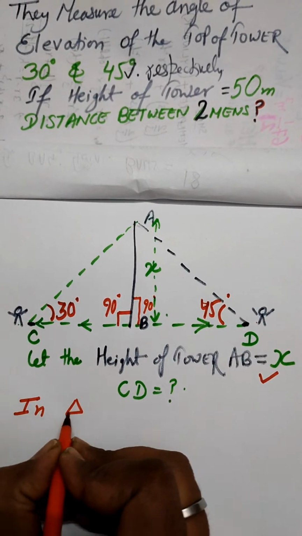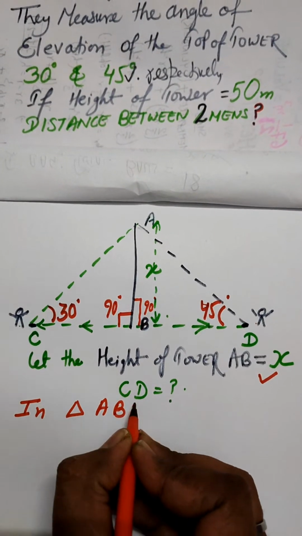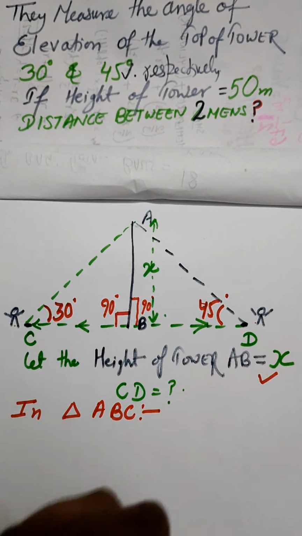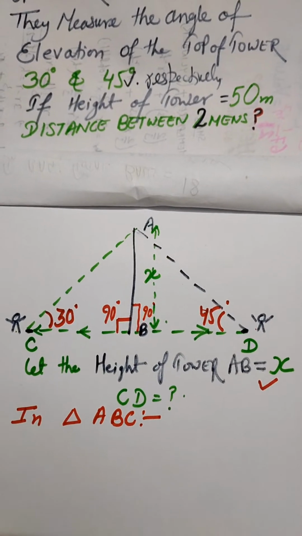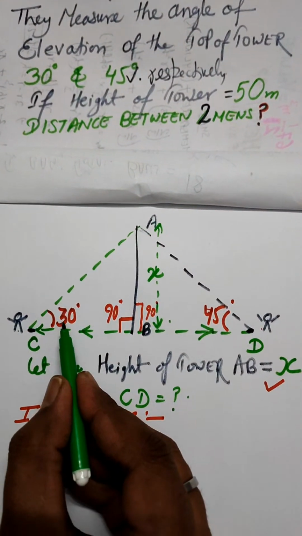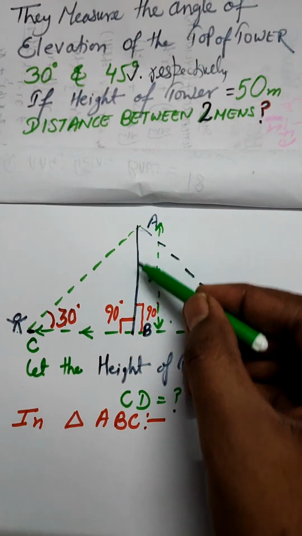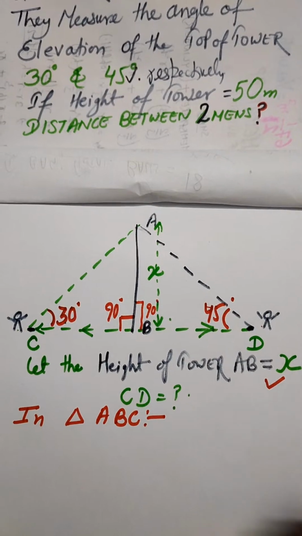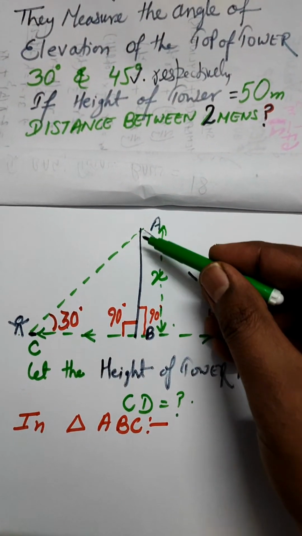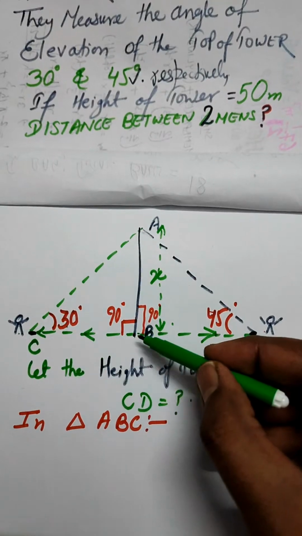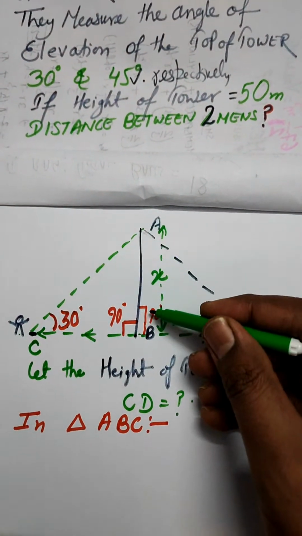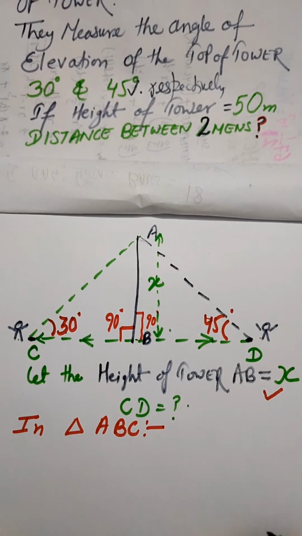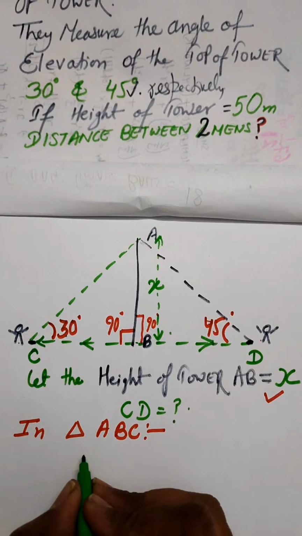So we can say that in triangle ABC, we can see the 30 degree angle and the ratio of AB and CB. You know the trigonometrical ratio which gives the relation between AB and BC, that is perpendicular and base? Is it sine, cos or tan? This is tan.